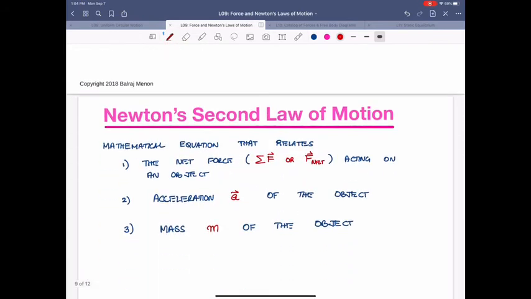Okay, we've stated the first law. Now we're going to get into the more mathematical details of Newton's laws, and that's the second law.